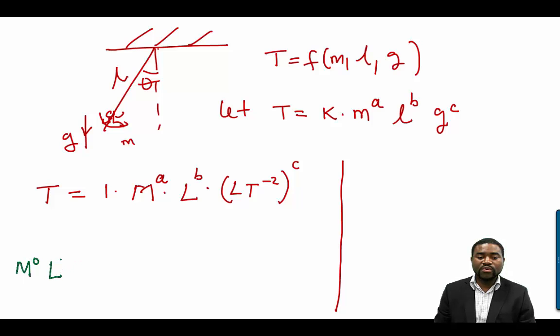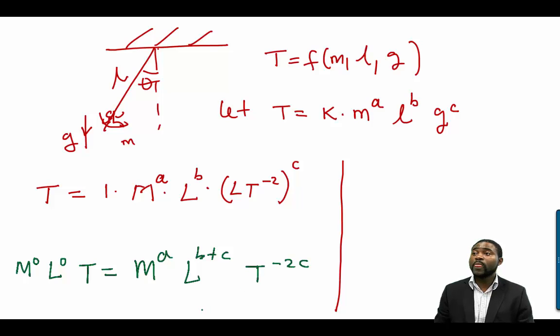If I add an L, it will be raised to the power what? 0. Great. T will be equal to M^a L^(b+c) T^(-2c). Are we together? What does this mean? This means that a is equal to 0, b plus c is equal to 0, and minus 2c should be equal to 1.